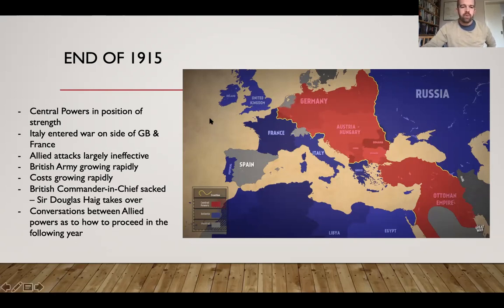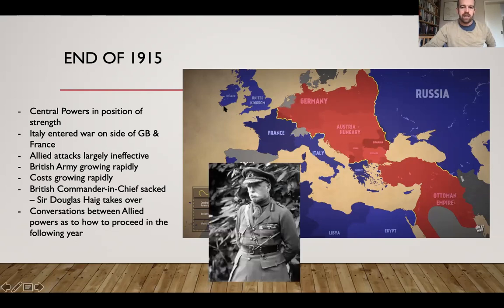But poor British military performance had led to a change. The man who had been commander-in-chief of the British armies in France and Flanders, Sir John French, was probably the right choice to begin with when the British Army was small, because he was a known figure and popular, as it happens, and had good relationships with the men.